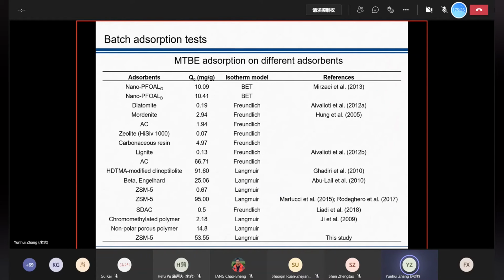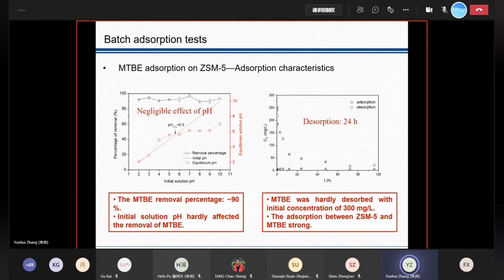The figure on the left shows the MTBE removal remained high, as high as about 90%, and was hardly affected by the change of the initial solution pH.